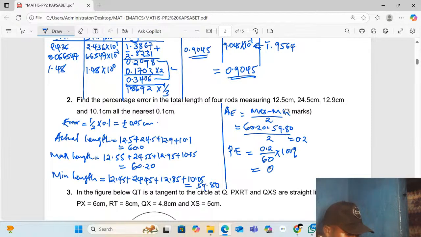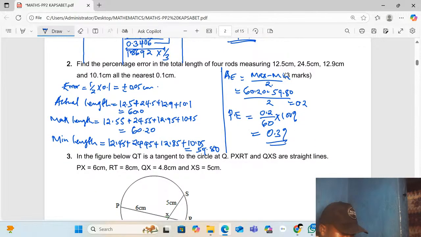So you shall get 0.3%. So this is now the percentage error in calculating the length of the rod that measures the given length. So that is the percentage error, and you get your 3 marks.